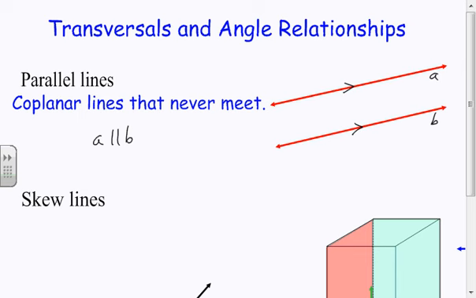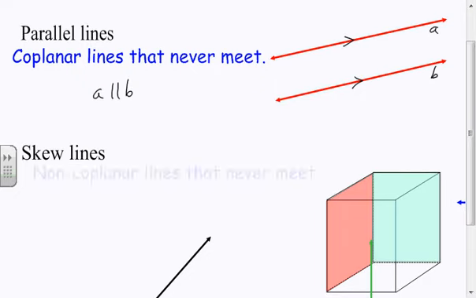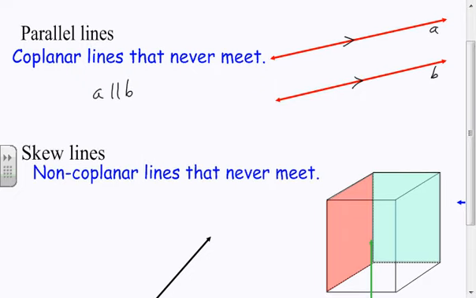But I want to distinguish why you have to say coplanar lines that never meet. Well, these lines A and B are on the plane in which I'm drawing, and that's the intention of the picture. And skew lines, this idea of non-coplanar lines, non-coplanar means not on the same plane.